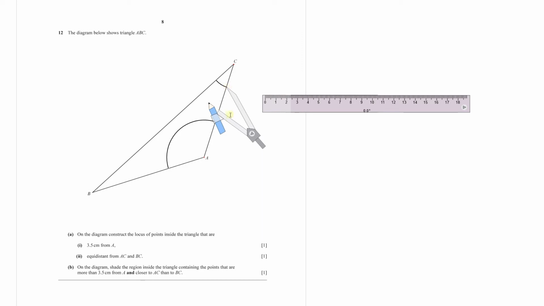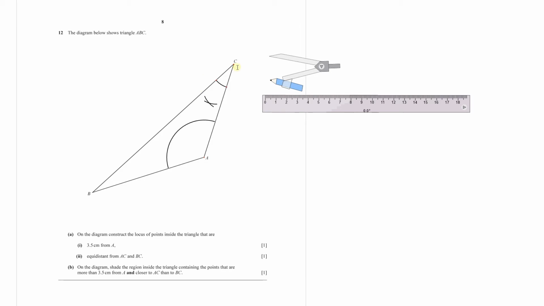The first point would be this one, and you create a small arc like this, and then you place your compass on the other point where this arc intersects the other line, and create another arc like this. So this gives you a point that is central.